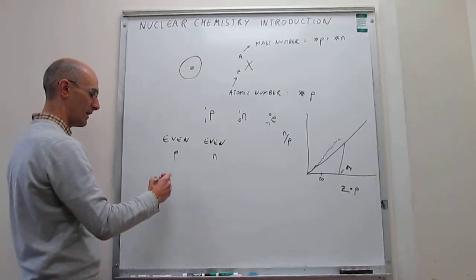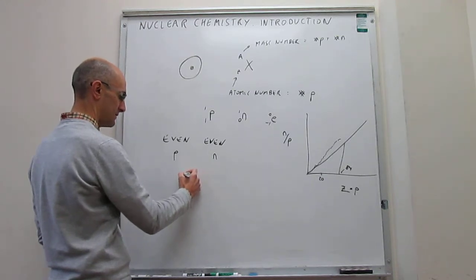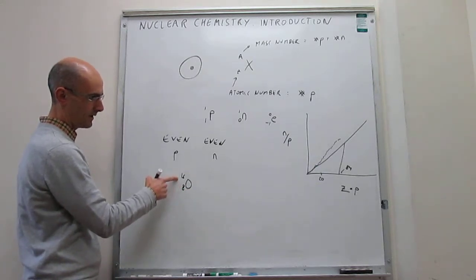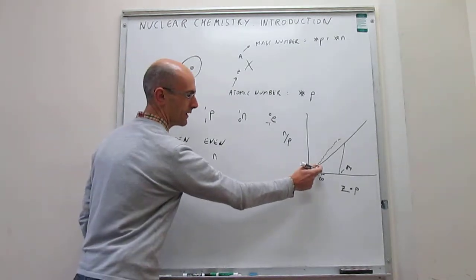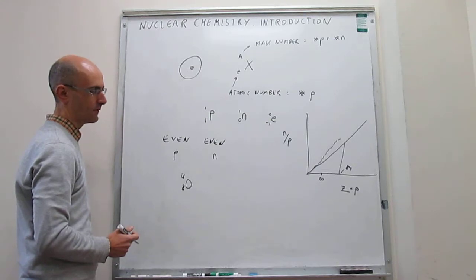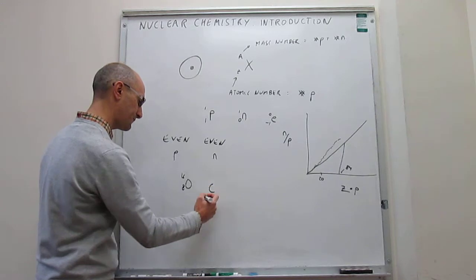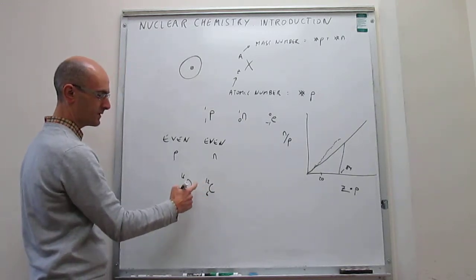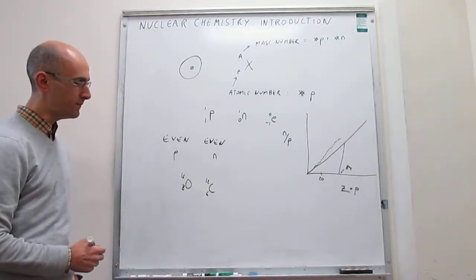We can write isotopes such as oxygen-16, with 8 protons and 8 neutrons. That's a ratio of 1 to 1, in the low number of protons range, and that is very stable. And then we have carbon-12, with 6 protons and 6 neutrons, also a ratio of 1 between them.